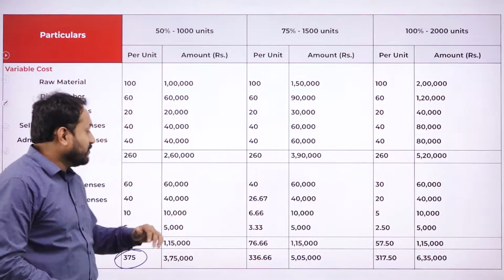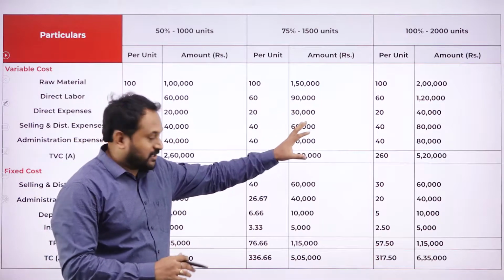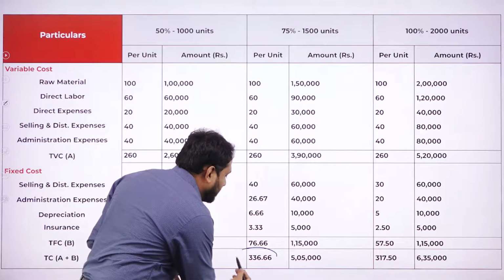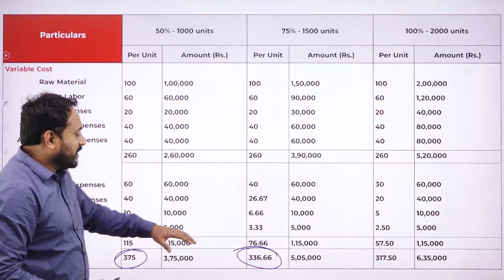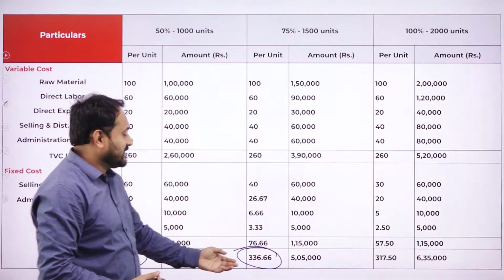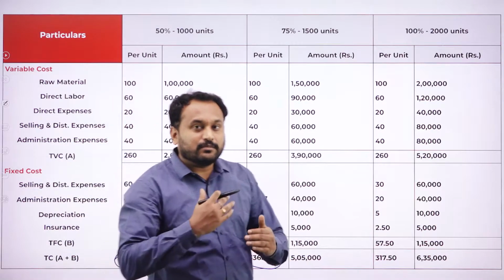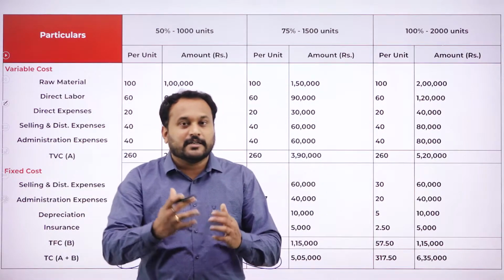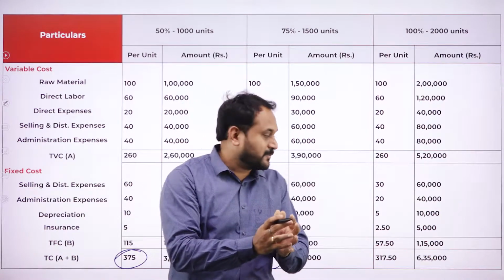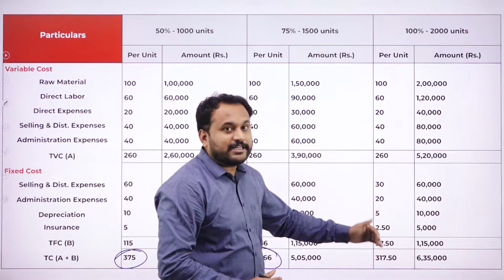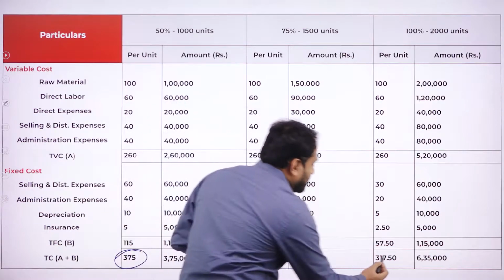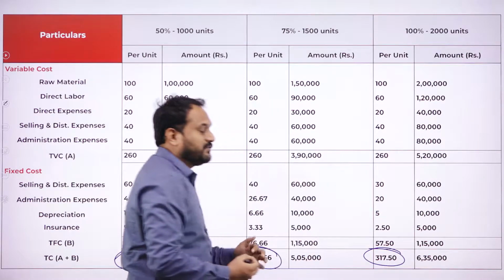The same way, if you go with 75% production, the total cost is now less. That is 336.66 paise. That means the more you are manufacturing the product, the total cost will be less. Now when you come to 100%, it is 317 rupees 50 paise.